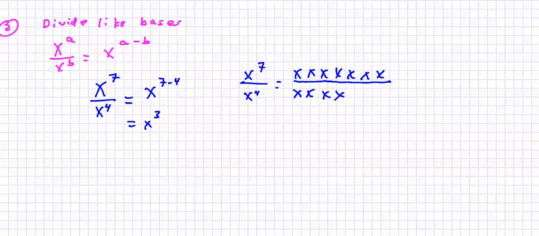Since these are all factors, those x's cancel, those x's cancel, those cancel, and those cancel. 7 minus 4 is 3. We have 3 left over. It equals x to the third. All right? Divide like bases, we subtract the exponents.